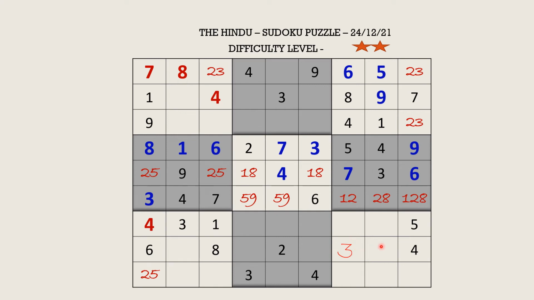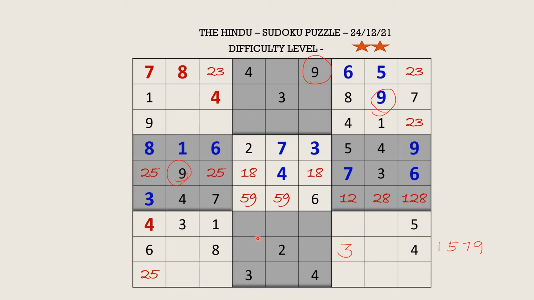So that leaves this row with 4 empty cells, and the missing numbers are 1, 5, 7 and 9. Now if you take this cell, 9 blocks here. So this 9 blocks this cell. There is a 9 here which blocks this cell. This 9 blocks here, and there is a 9 here which blocks this cell.